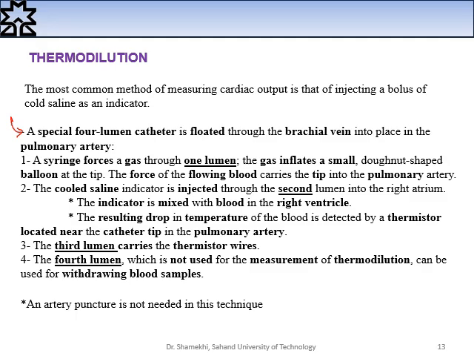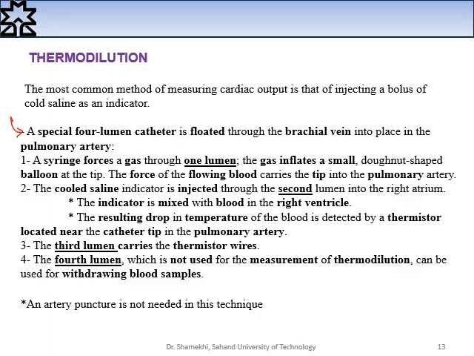The gas inflates a small donut-shaped balloon at the tip, and this balloon helps move the catheter inside the vessel. The force of the flowing blood carries the tip into the pulmonary artery.